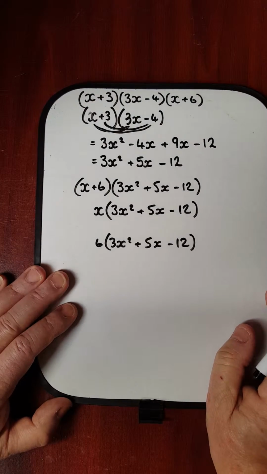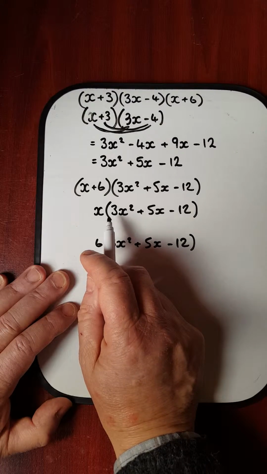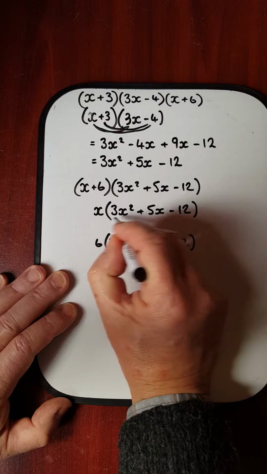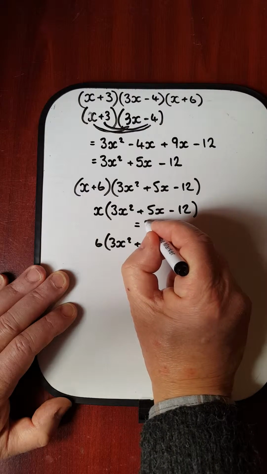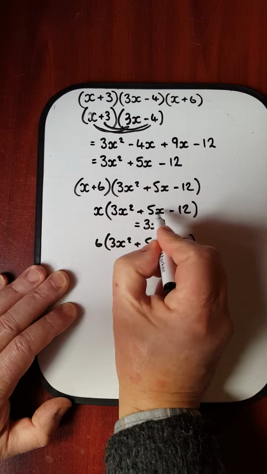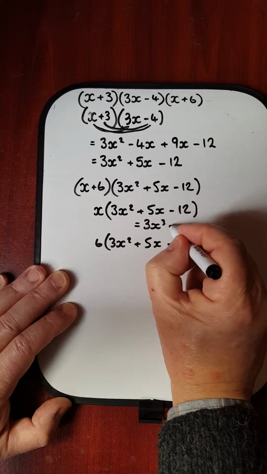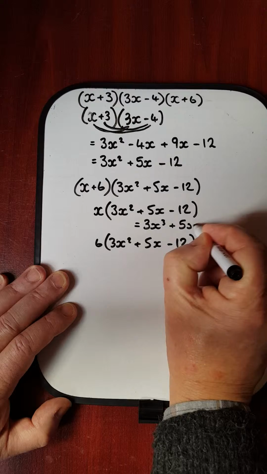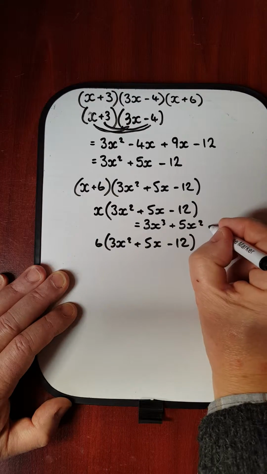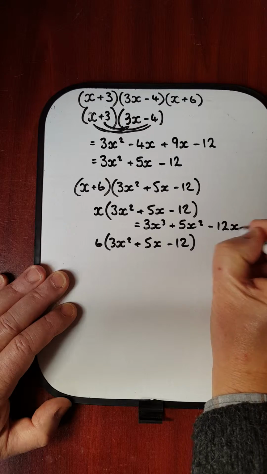Okay, so if we do x times it, x times 3x squared is going to be 3x cubed. x times 5x is going to be 5x squared. x times minus 12 is going to be minus 12x.